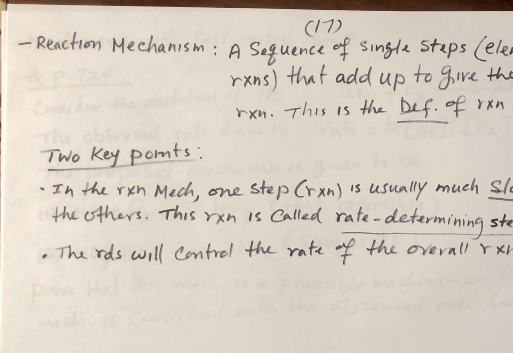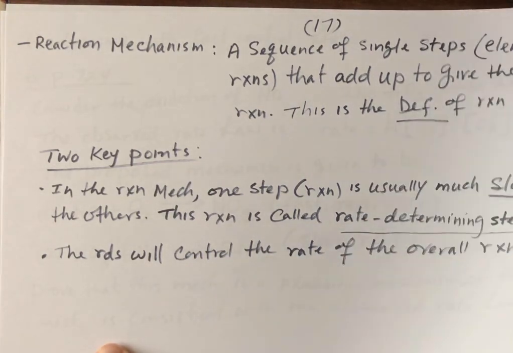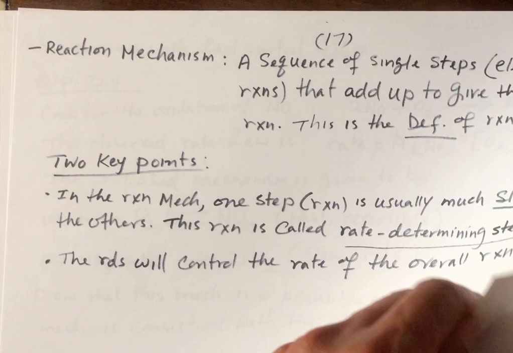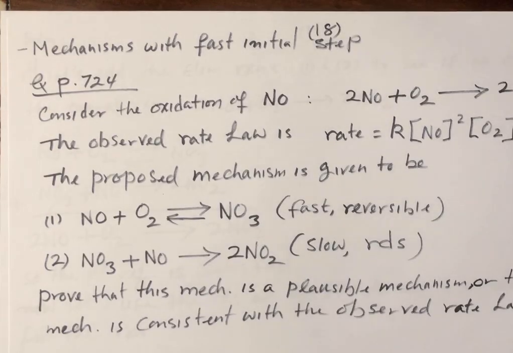Okay. Now, we will be able to demonstrate this in the example that I'm going to discuss with you right now. That is a very typical common mechanism where we have a fast initial step followed by a slow rate determining step.